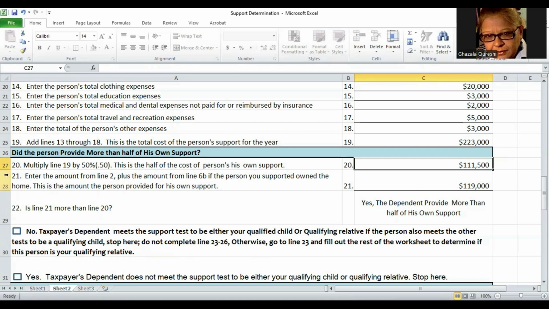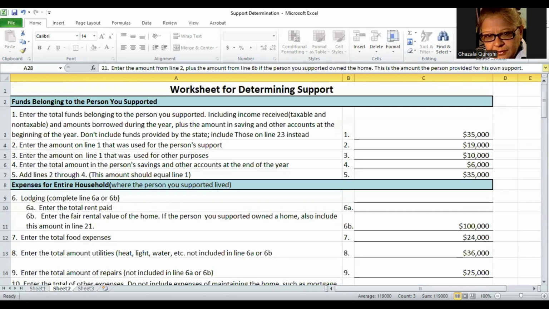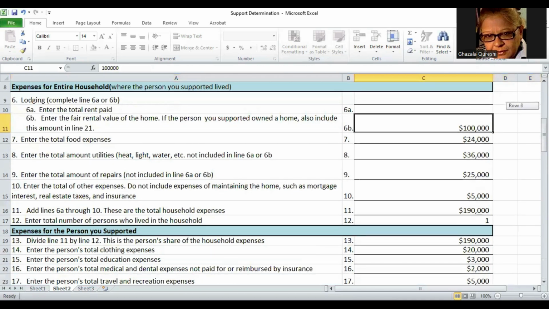In line 21, we enter the amount from line 2, which is 19,000, plus the fair market value of his home. So 19,000 plus 100,000 is 119,000.